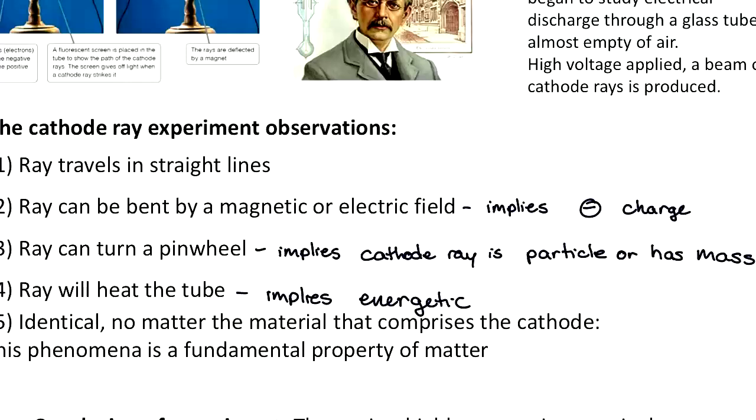And so the conclusion of this experiment is that this mystery ray is highly energetic, a negative fundamental charge of matter. What was J.J. Thomson observing? We're talking about subatomic particles. If it's negatively charged and has mass, it is an electron. So what he was seeing was an electron. All right, that's what we're seeing right now.